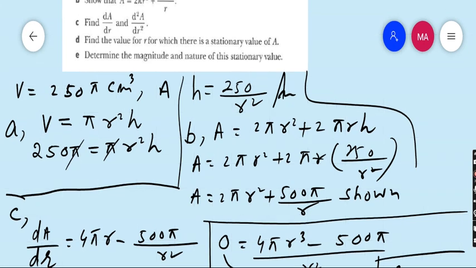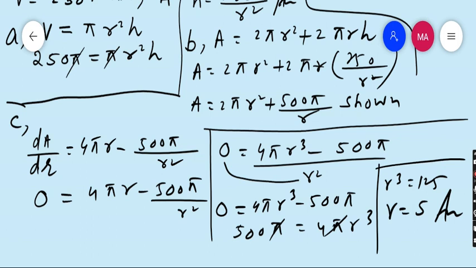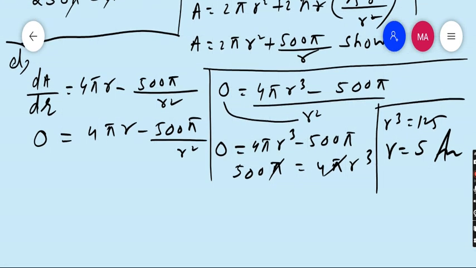Sorry, I forgot to find part C. Part C is to find the value of the derivative of A by dr and d square A by dr square, and I have to find part D. Sorry for this, but no issue. Part A, part C and part D are almost the same. So r is 5. dA by dr we have already found, but what is d square A by dr square?